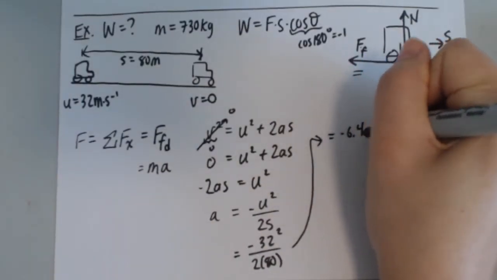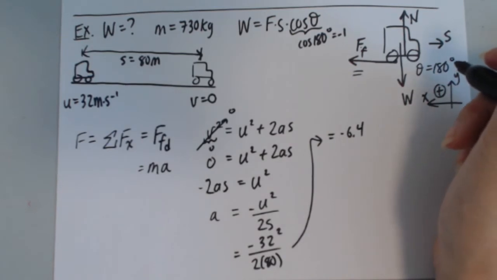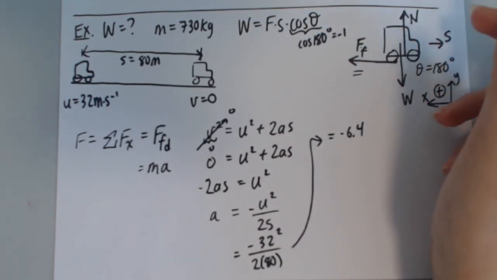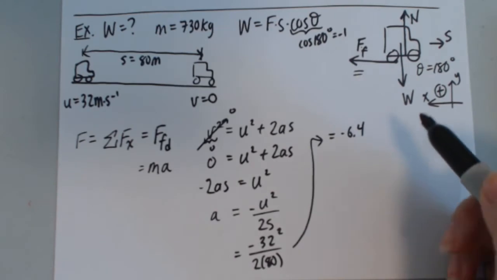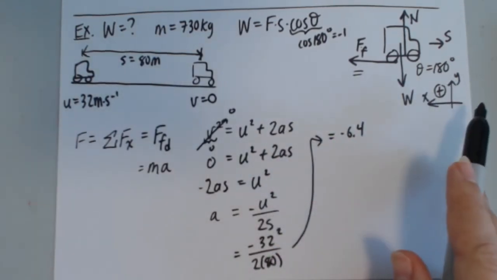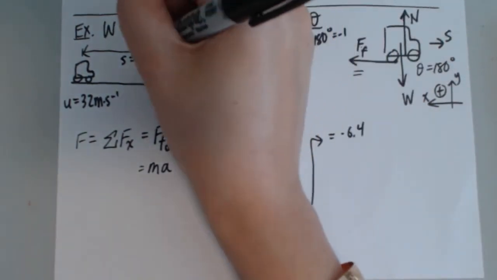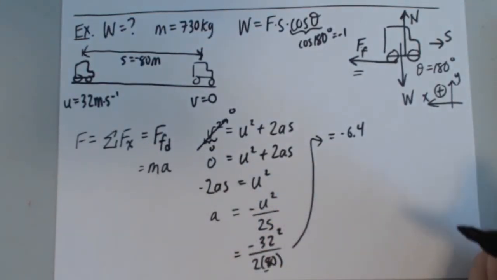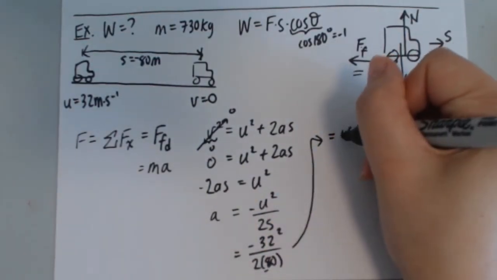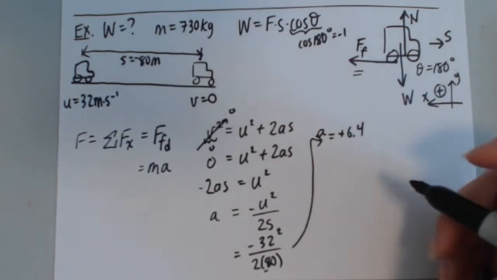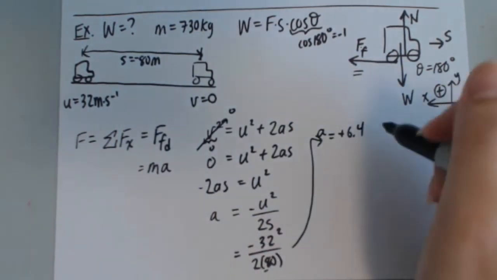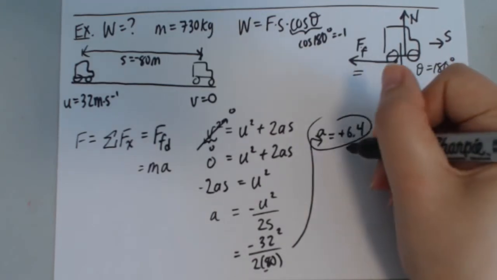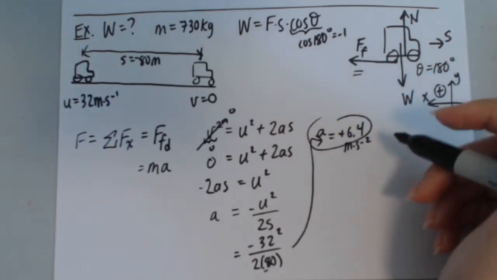And that's going to be negative 6.4. Oh, something I should point out, actually. Since I defined left to be positive x, that means the displacement is actually in the negative direction. So this is actually negative 80, which makes negative and negative positive. That makes more sense, since acceleration is going left and I defined left to be positive. So we've got acceleration 6.4 meters per second squared.